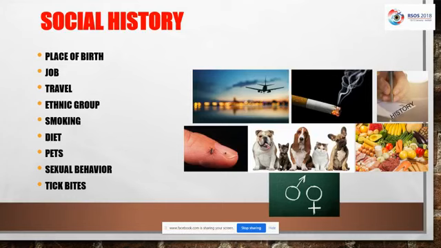And also tick bites, if you are suspecting Lyme disease with infection by Borrelia burgdorferi, with characteristic inflammation of uveitis and chorioretinitis that can be correlated to Lyme disease. So these are the main items of the history.